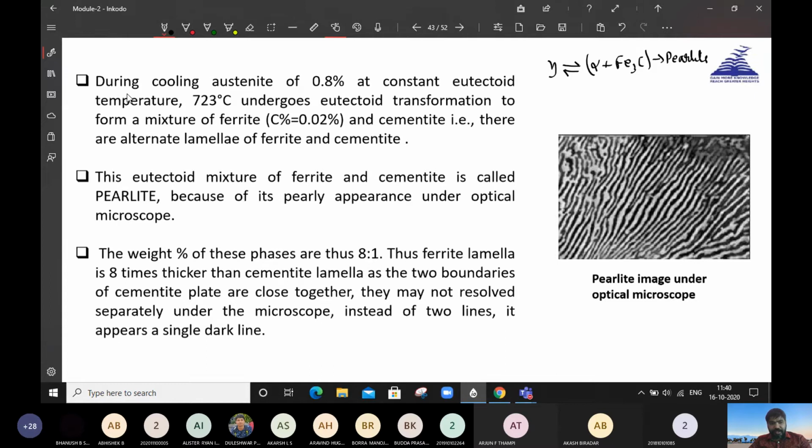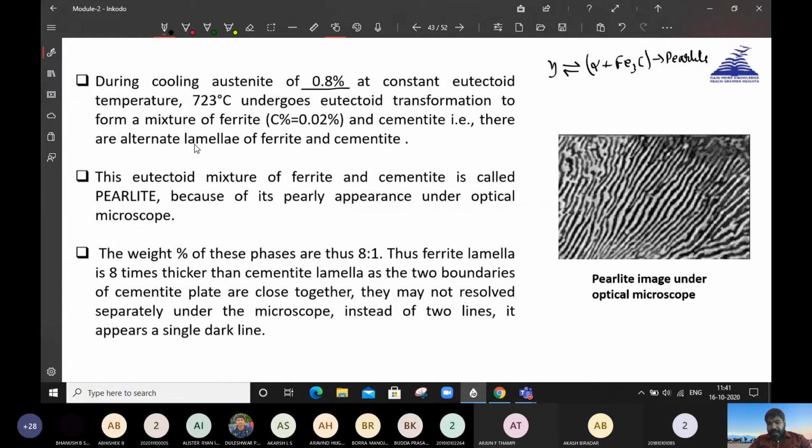Let me read it out once. During cooling, austenite of 0.8% carbon at constant eutectoid temperature, that is 723 degrees Celsius, undergoes eutectoid transformation to form a mixture of ferrite consisting of 0.02% carbon and cementite.